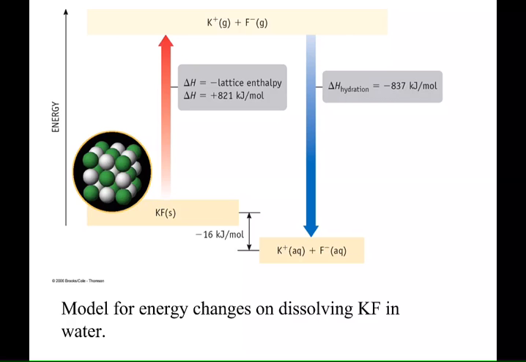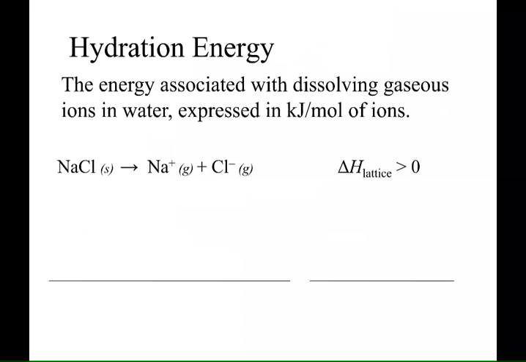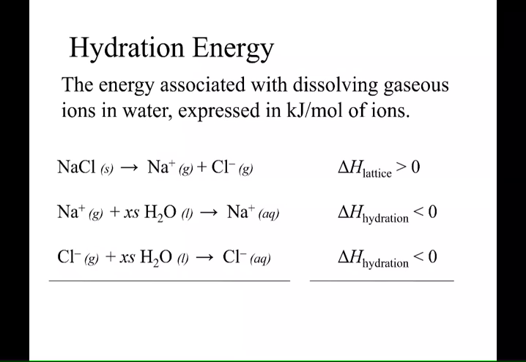So, same potassium fluoride. Switching gears from the salt potassium fluoride to sodium chloride, we could look at it the same way. You have to break those bonds between the Na pluses and the Cl minuses. That's going to require energy, positive delta H. And then when those new bonds are formed with waters of hydration around the ions, that's exothermic.